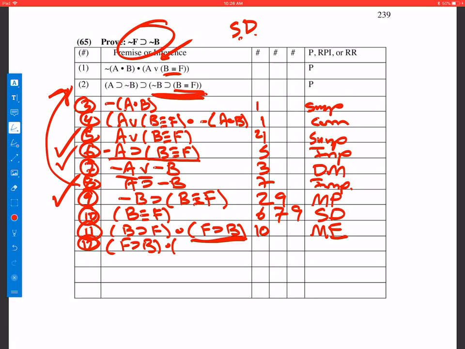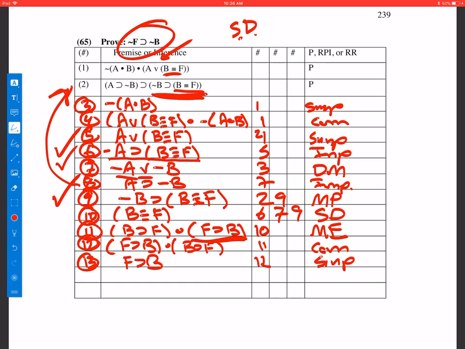And I want this second half, so let's rotate F then B and B then F. That was just moving them around by com. To get F then B from 12 by simplification.